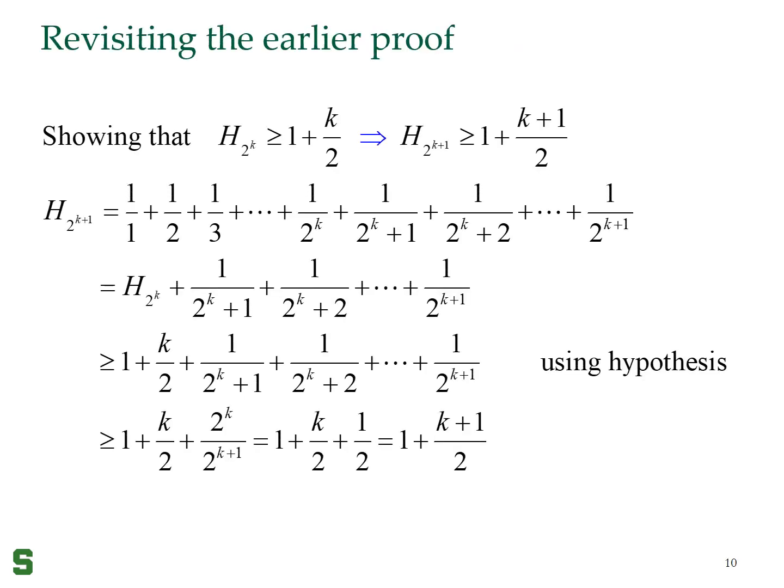So I want to revisit this earlier proof and describe what I mean by A and C again. Here, this is what we have to prove. So this I'm going to call A, this I'm going to call C, and the goal of the inductive step is to show that A is greater than C. Now what did we do here?